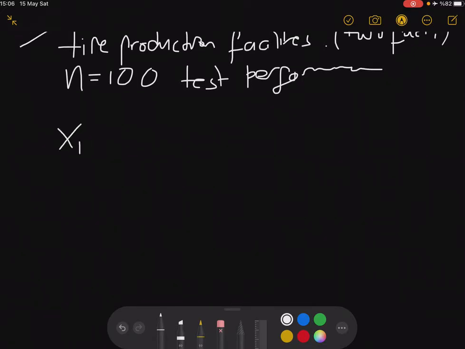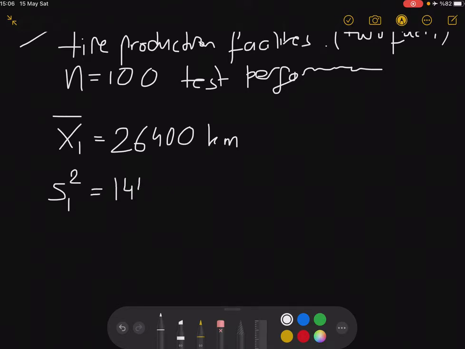The first one's sample statistics show that on average they go this many kilometers without any problems, and this sample set has a variance of this much.